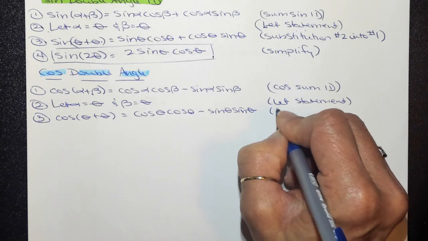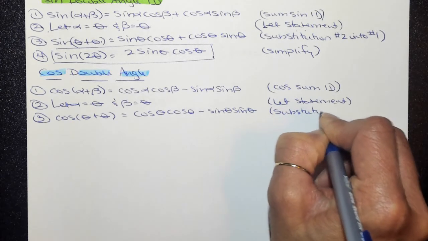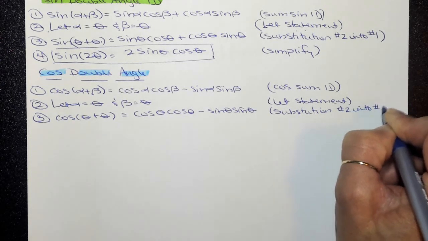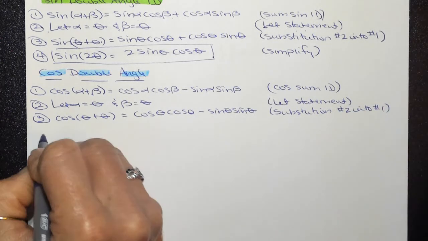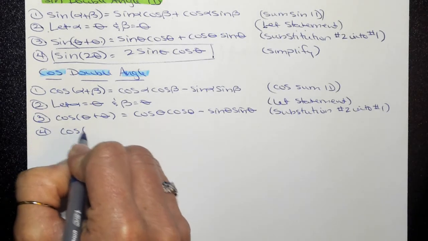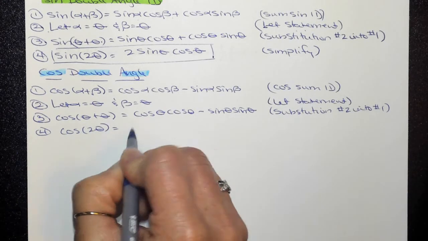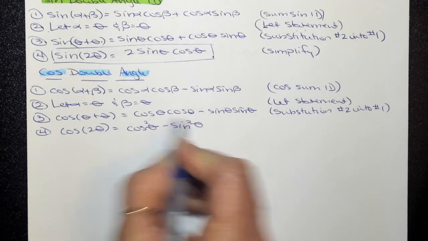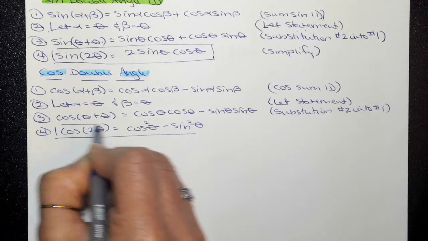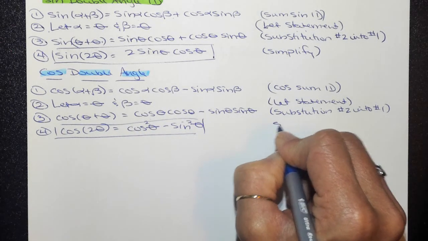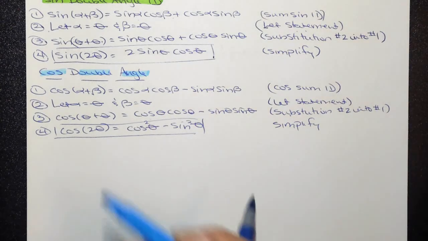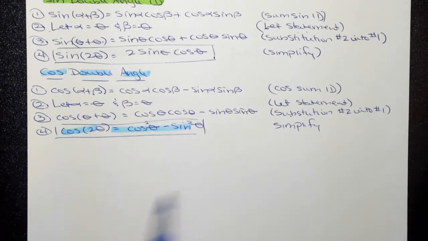So this is substitution number 2 into number 1. So this is the double angle, cosine 2 theta is equal to cosine squared theta minus sine squared theta. And this is just simplify. Okay, so this is my double angle for cosine. This is my double angle for sine.